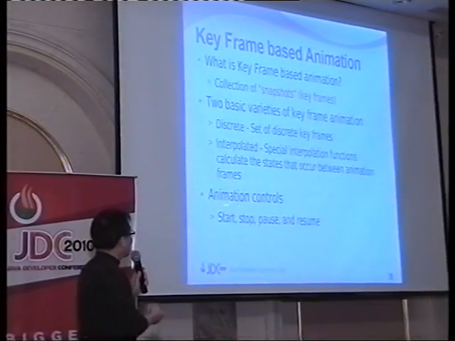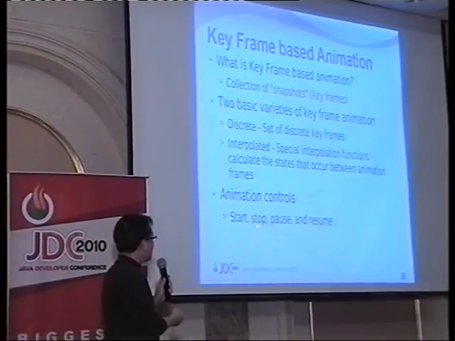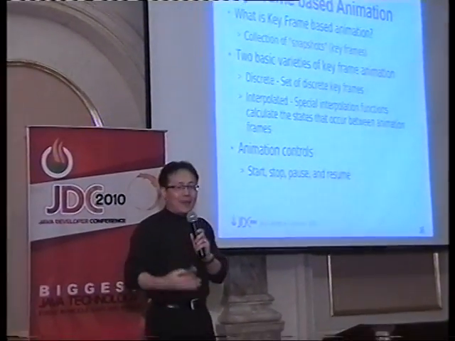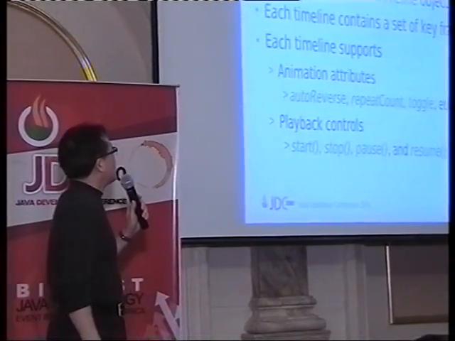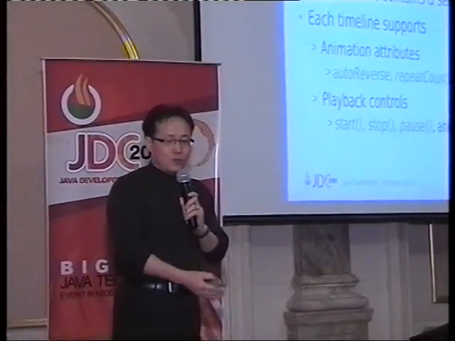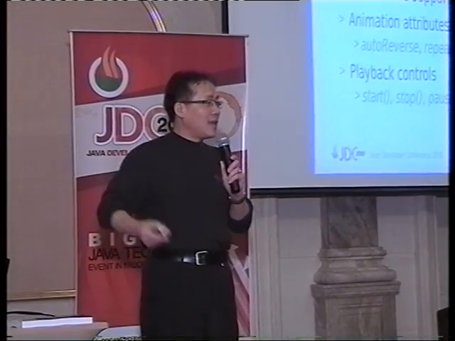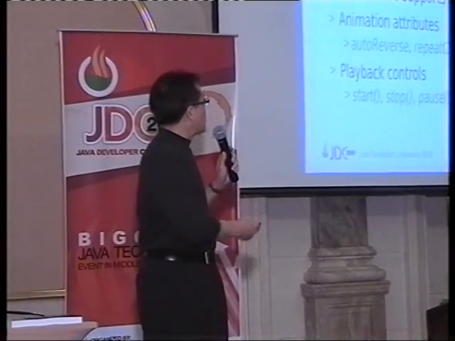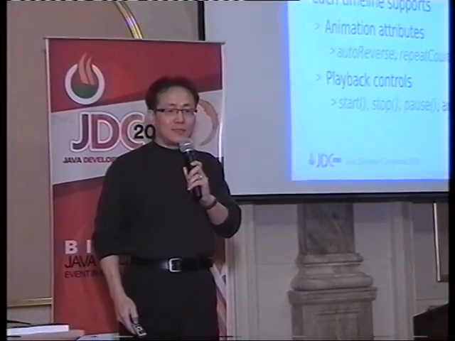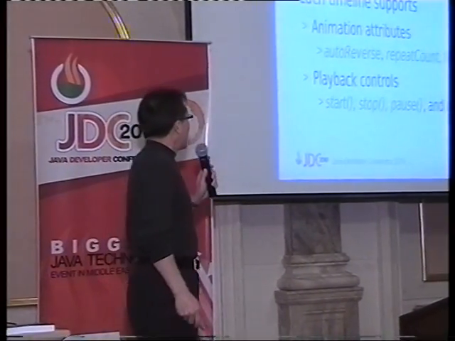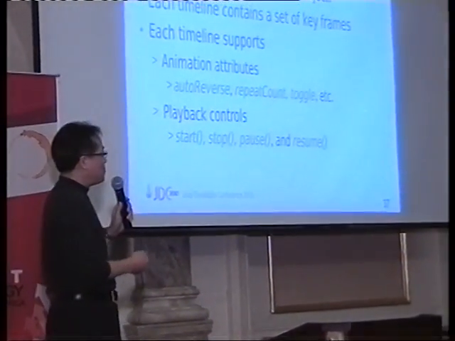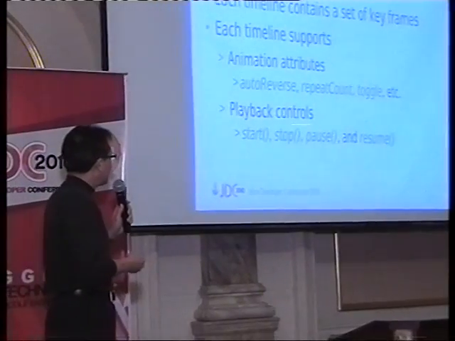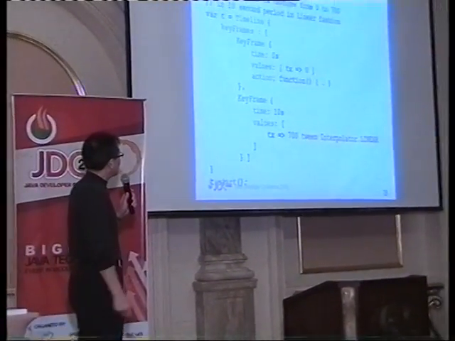Now, animation controls: you can stop, pause, and resume. It's the same deal as play. So the programming model is you set up the keyframes, snapshots, and then you collect them all into what is called a timeline object. And we have seen some of these timeline attributes like auto reverse, cycle count, and things like that, and these are playback controls. So let's see the code.